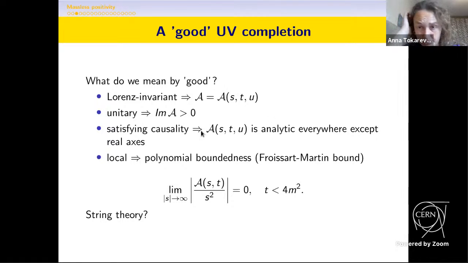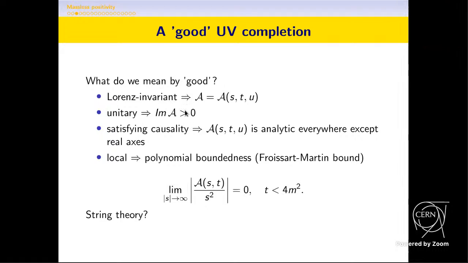Another assumption for the UV completion is that it should be unitary. So it should be a ghost-free theory, which doesn't break unitarity. And this means that the imaginary part of all the matrix elements, all scattering amplitudes, has to be larger than zero. And this is a strict inequality.